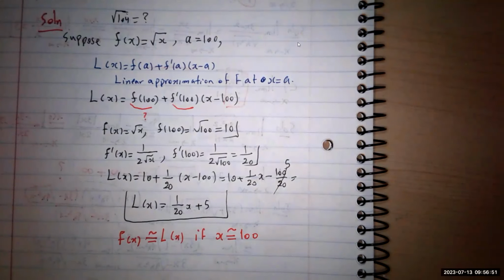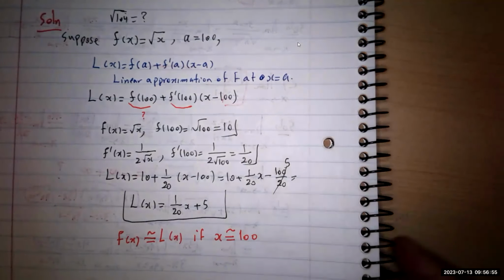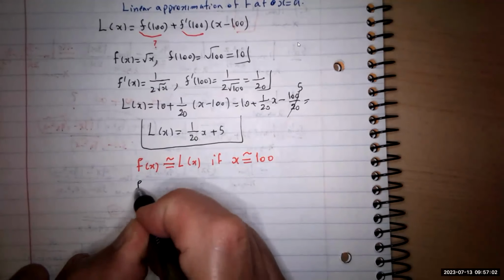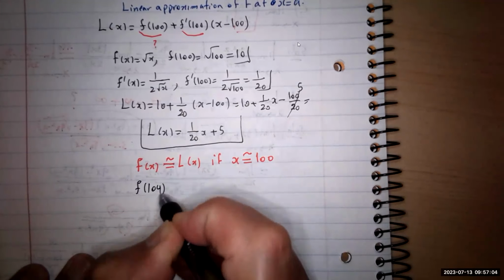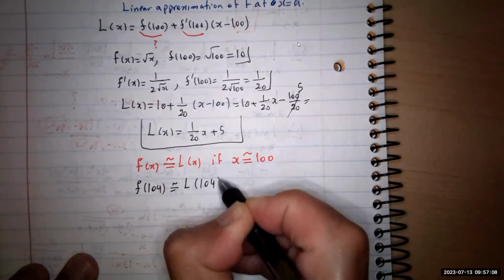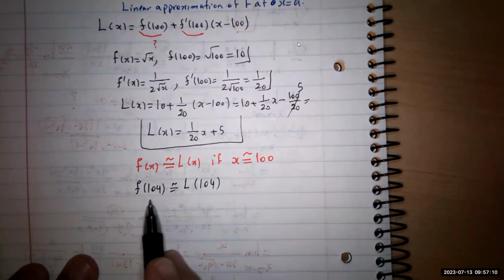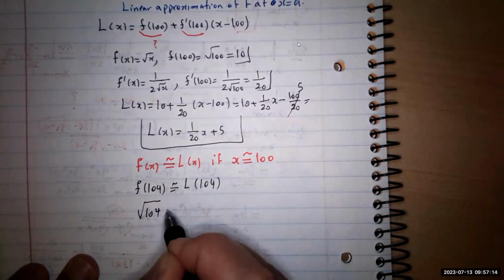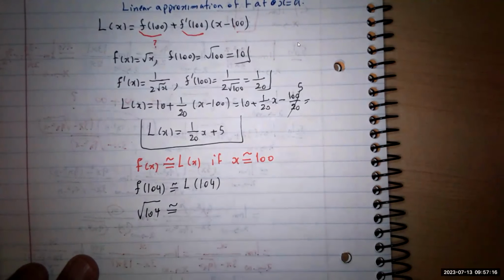But the number that we're going to be interested in is 104. So it's true for 104. So this means f of 104 is almost like L of 104. F of 104 would be the square root of 104, which we are interested in.